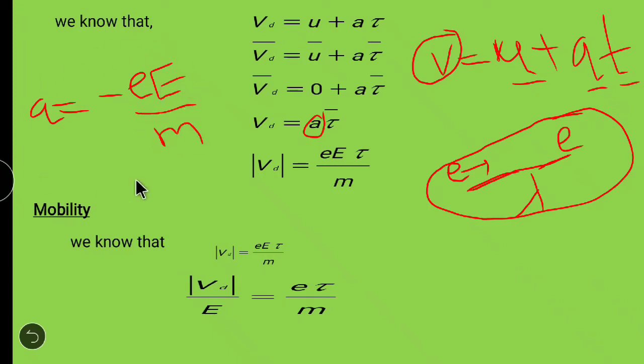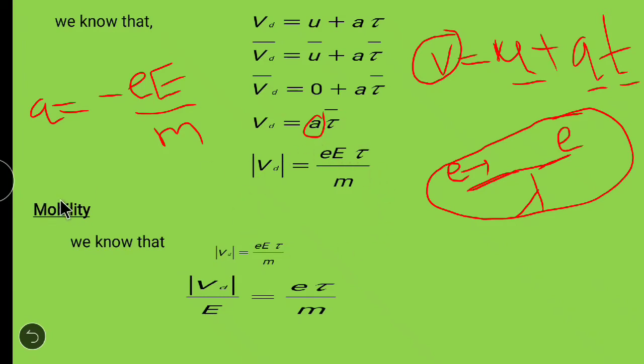So this value we have kept in this equation. So we will get Vd is equal to minus small e into capital E upon m tau bar. Here I have taken a mod, so the minus sign has been removed. So the drift velocity is Vd is equal to small e into E tau upon m.